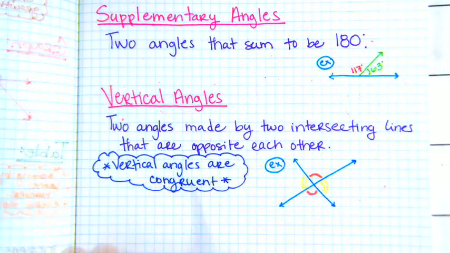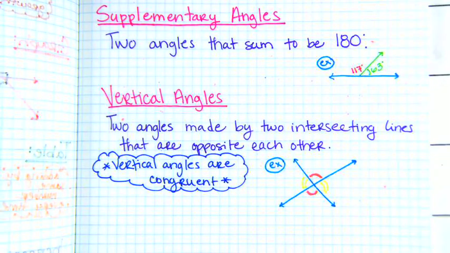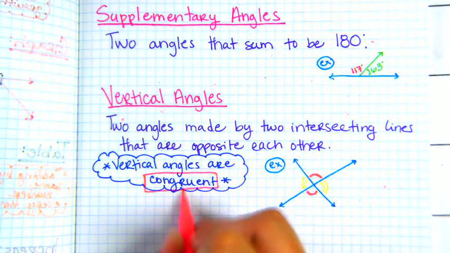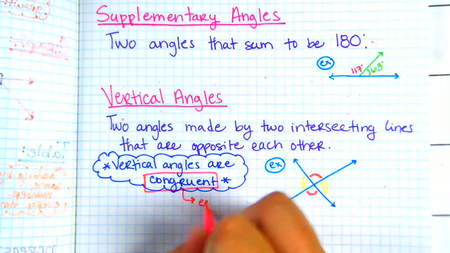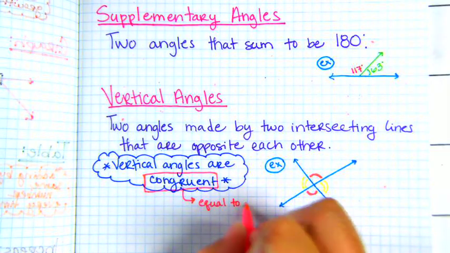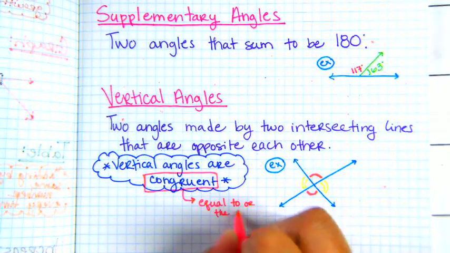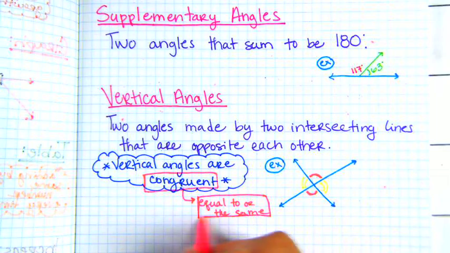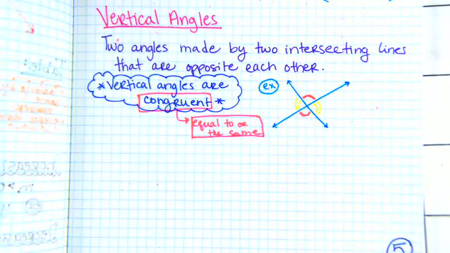Now I want you to take a second and think about what that word congruent means. Congruent means the same or equal to. Just as a quick reminder. So we have complementary, supplementary, vertical angles.